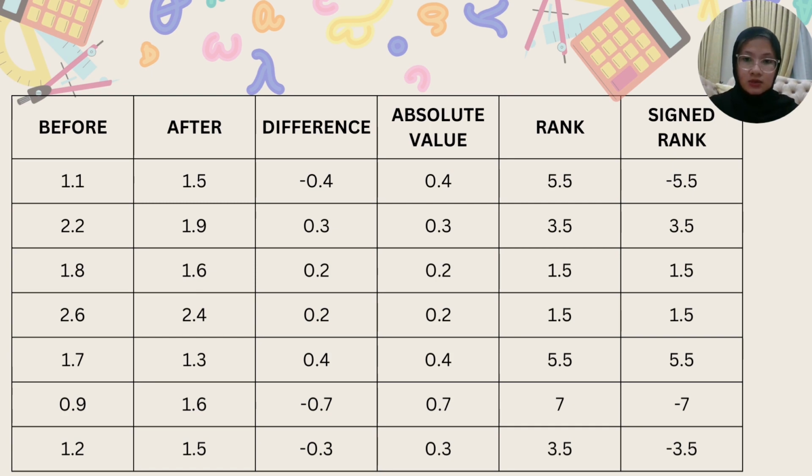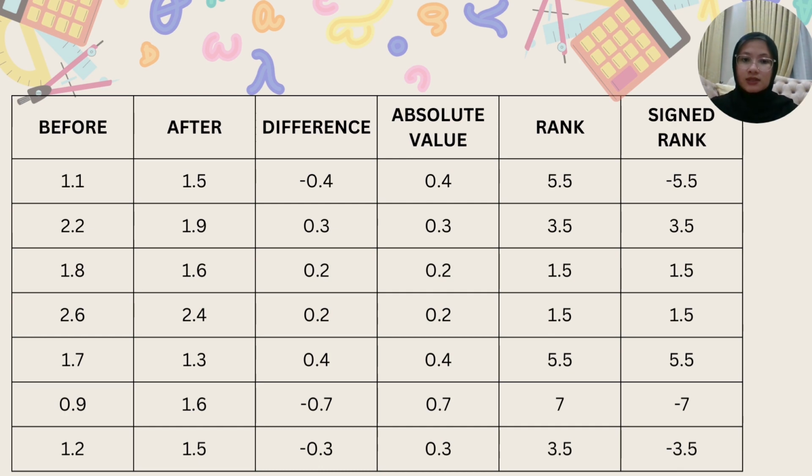So 1 plus 2 divided by 2, we get 1.5. For 0.3, the ranks are 3 and 4, so 3 plus 4 divided by 2, we get 3.5. For 0.4, 5 plus 6 divided by 2, we get 5.5. For the last one, 0.7, the rank is 7.